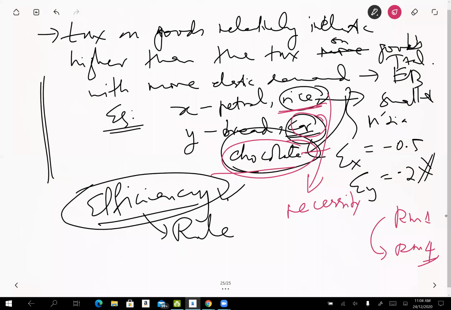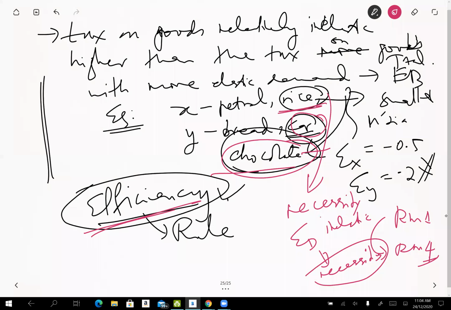Because the elasticity rule is only talking about efficiency, regardless of the position of the goods and services in the economy, their reality. Most of the inelastic goods, the goods with inelastic demand, most of these are necessities.